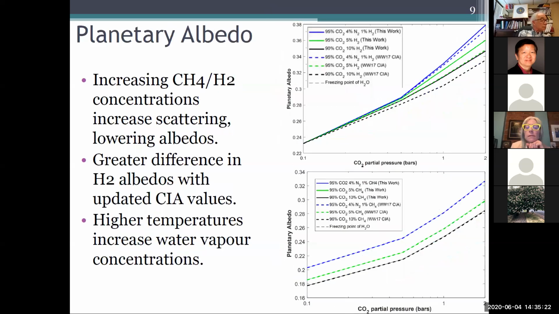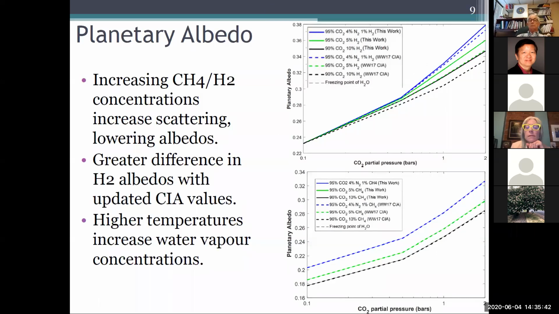Next slide, please. So another thing we modeled is the planetary albedo. With increasing concentrations of methane or hydrogen, you're going to have increased scattering, which will lower the albedo, which is seen by the colored lines getting weaker.